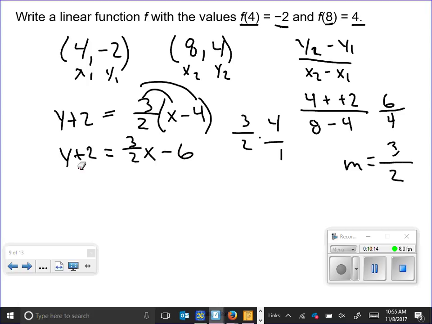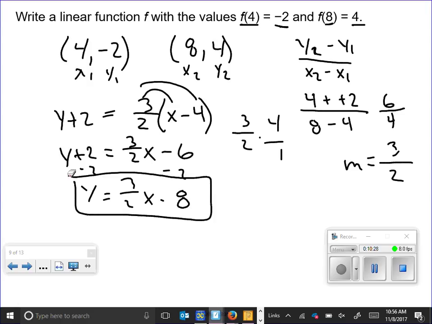Now I'm going to subtract 2 from both sides. So we get y is equal to 3/2 x minus 8. And this would be our slope-intercept form. So again, we just multiplied our slope by both pieces inside the parentheses. We distribute that, and then we get y alone, however that looks.